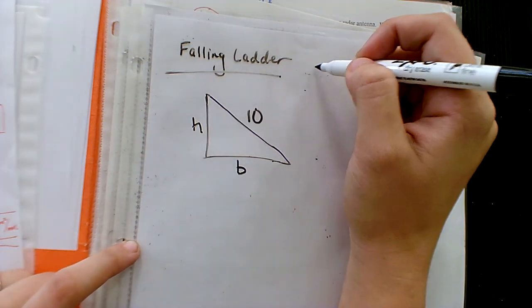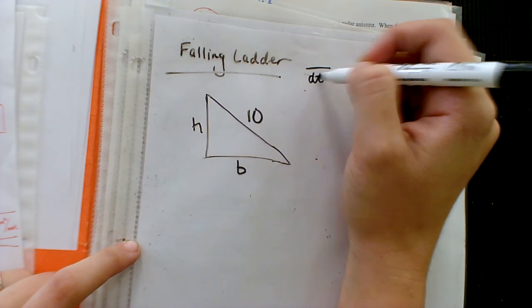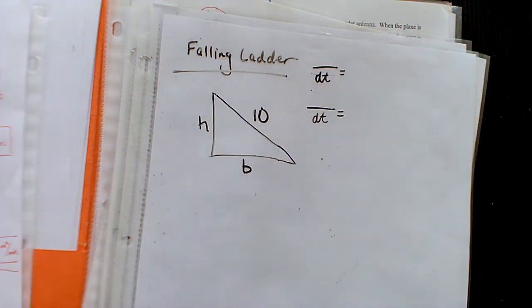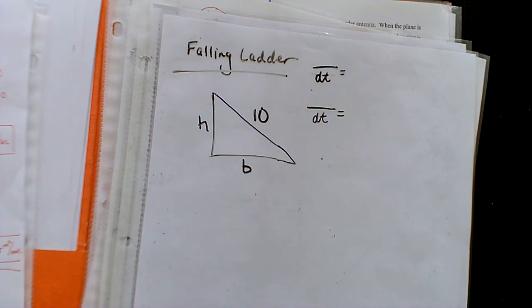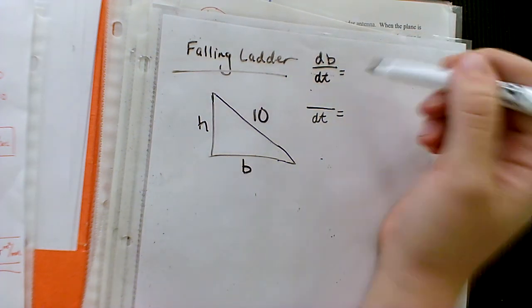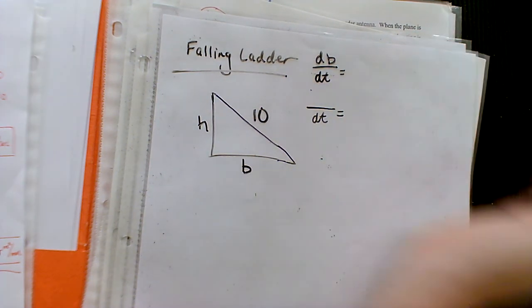Can we identify any rates? A rate that we know, a rate we're trying to find, either one. Good, Anuj? dB over dt, was that like -1?